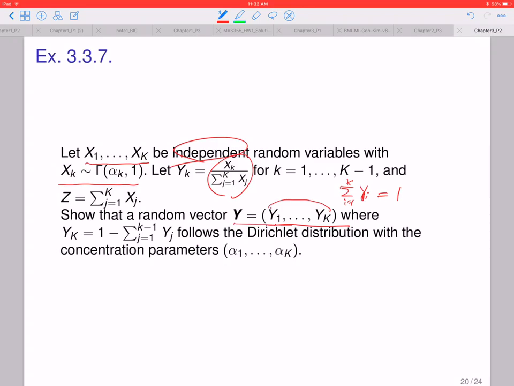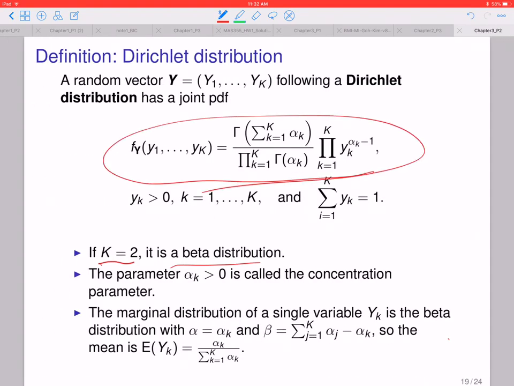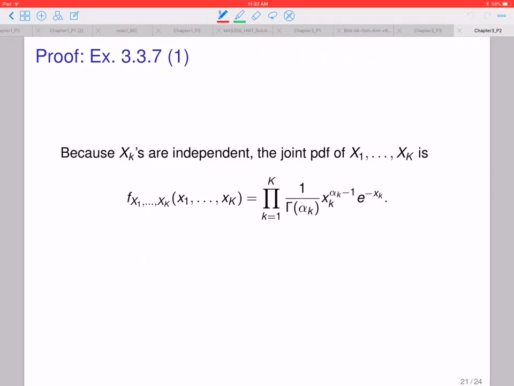We are going to derive this PDF using the same idea. So I wrote the proof. So this is the joint PDF of X1 to Xk, right?